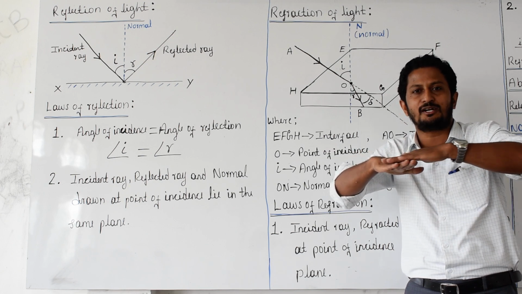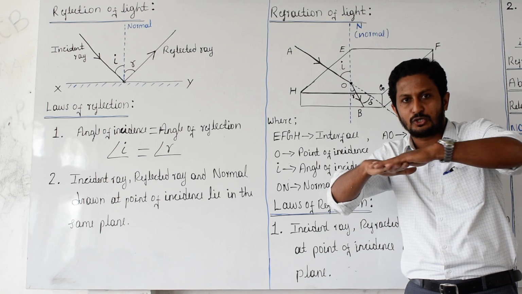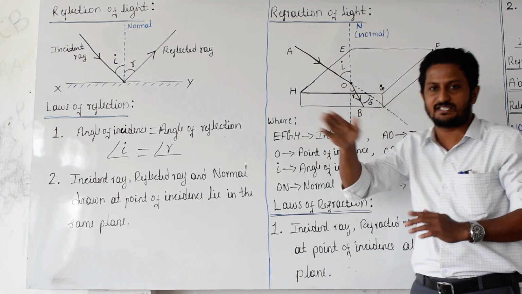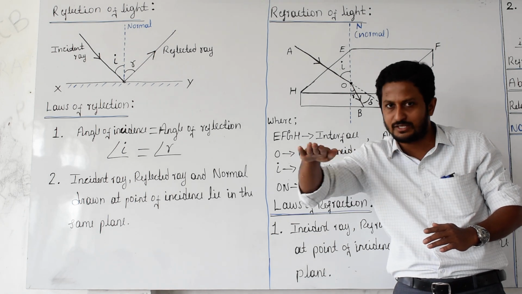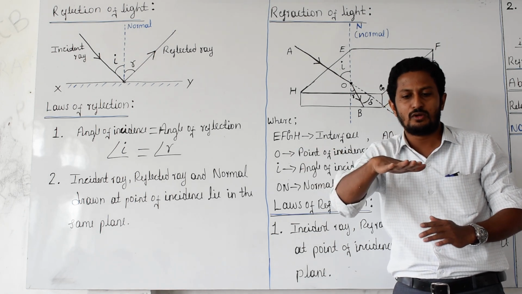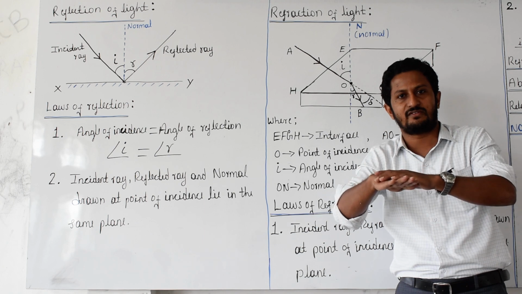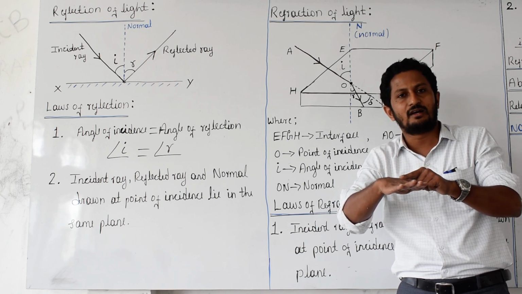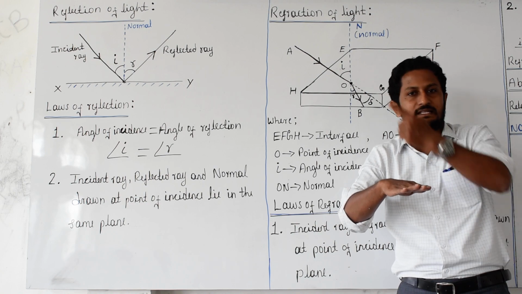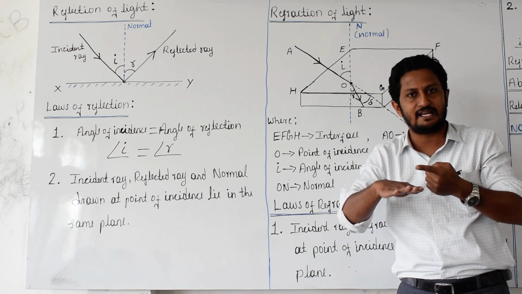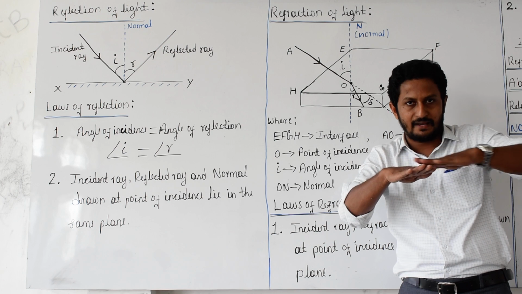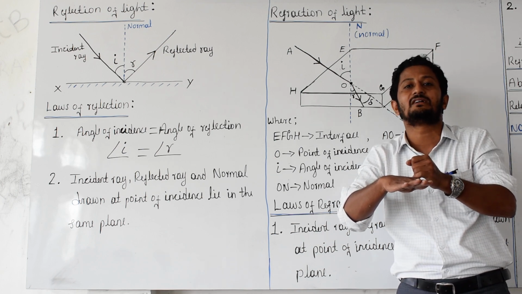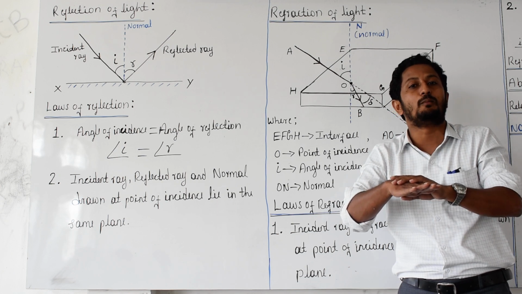This is its top portion, the E, F, G, H surface, horizontally held right now. If a light is falling obliquely on this horizontal surface, what does that mean? The direction is neither parallel nor perpendicular, then it is called oblique.